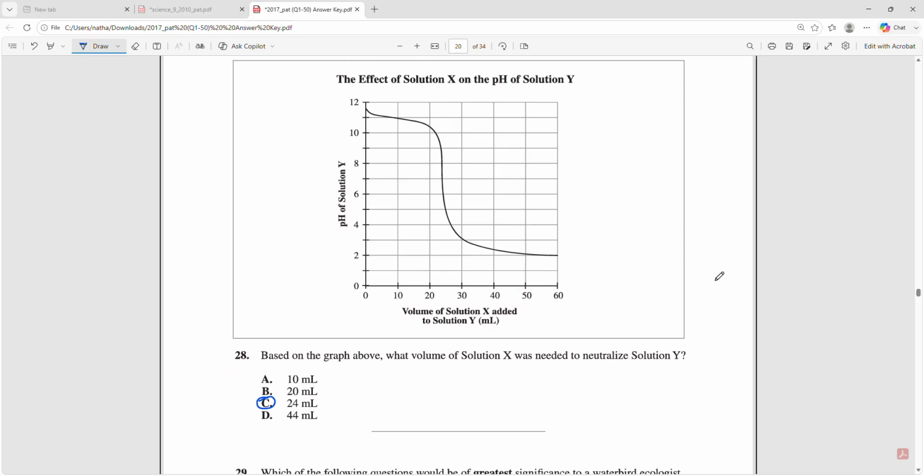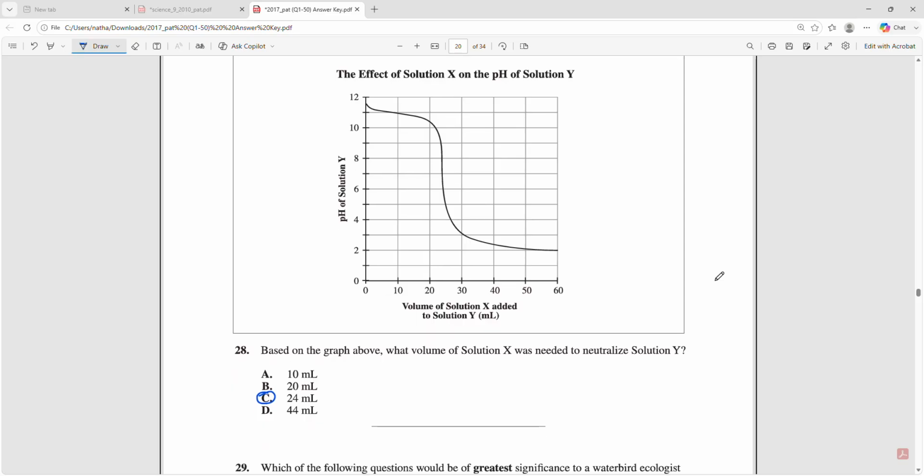Next question, 28. Based on the graph above, what volume of solution X was needed to neutralize solution Y? So remember, if we have something acidic and we neutralize it, we want to get it to a 7 pH. So if we read over here, we can see this is the point where the volume of solution added, right?